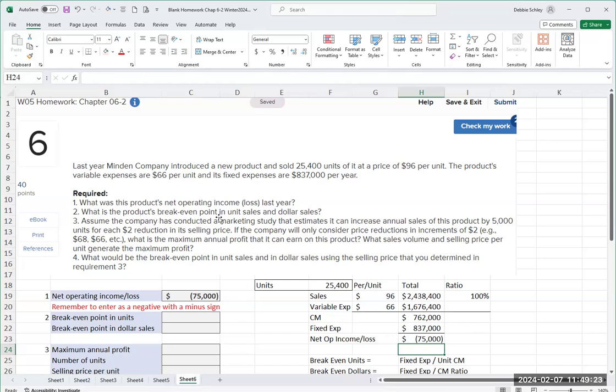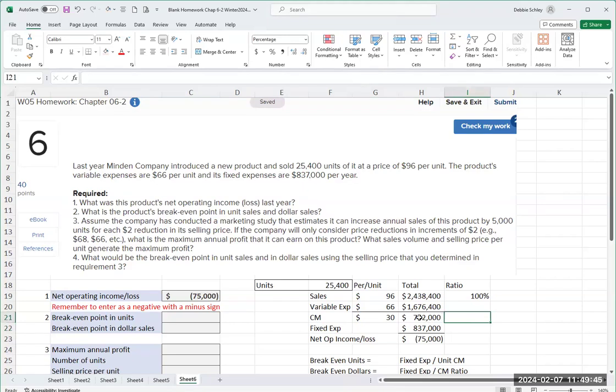What is the product's break-even point in unit sales and dollar sales? Okay, so I need to find out my contribution margin per unit. That'll be my selling price per unit minus my variable expenses per unit. And then I need to figure out my contribution margin ratio.